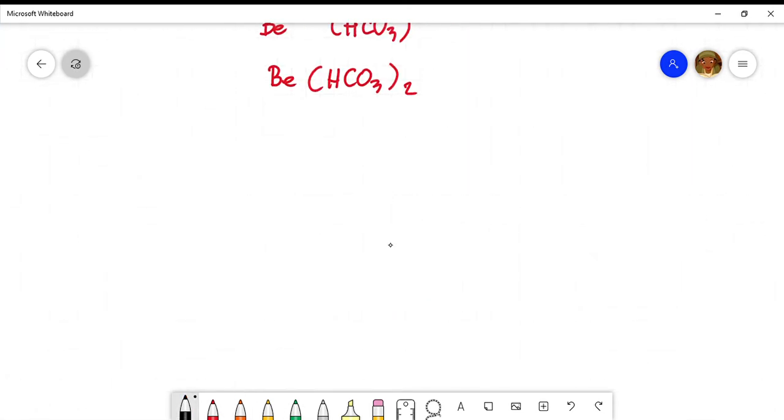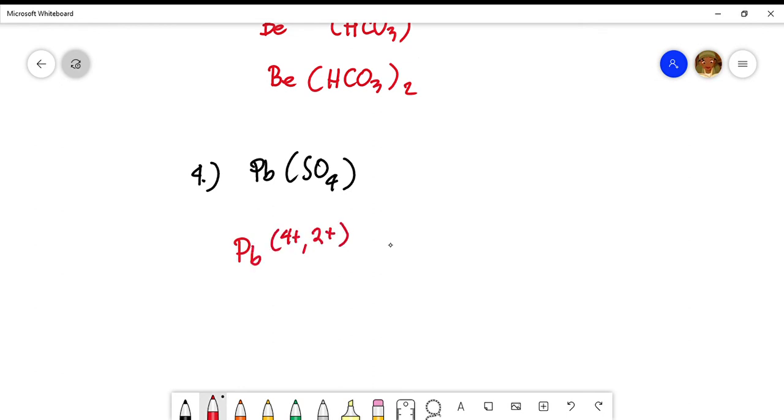For the fourth example, we have PbSO4. So we know that, check your periodic table on your own. Pb can have either positive 4 or positive 2.